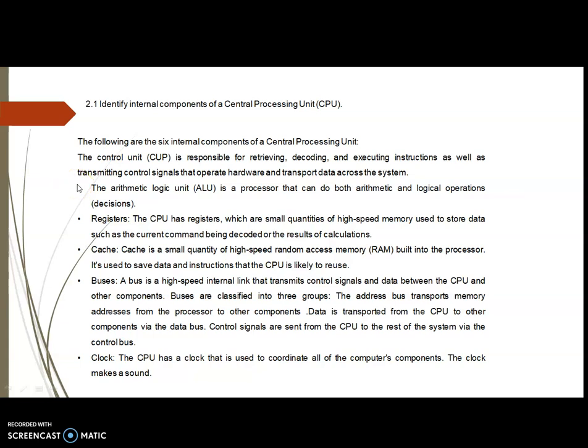The control unit CPU is responsible for receiving, decoding and executing instructions as well as transmitting control signals that operate hardware and transport data across the system. Registers, cache, buses, addresses.